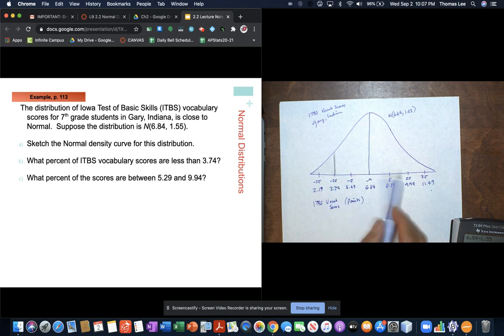So if that's 95% of all the data, there's 5% in this high tail and this low tail. This low tail is half of 5% because it's symmetrical. So part B is just going to be 2.5%.